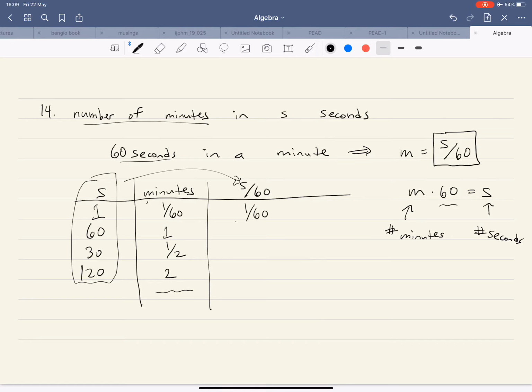Now I'm plugging in S as 60 and I indeed get 1. Now I'm plugging in S as 30 and I get 1/2. Now I'm plugging in 120 as S and indeed I get 2. Okay. So S over 60 is my number of minutes.